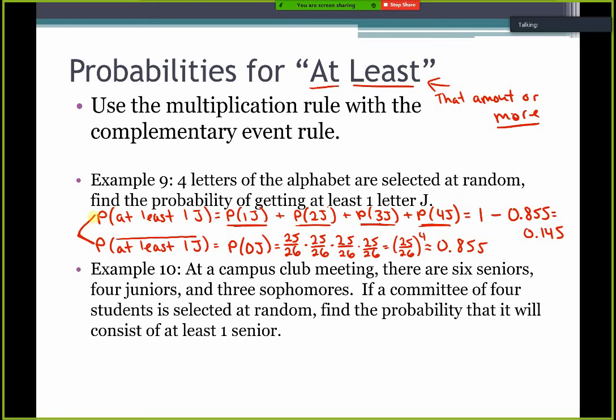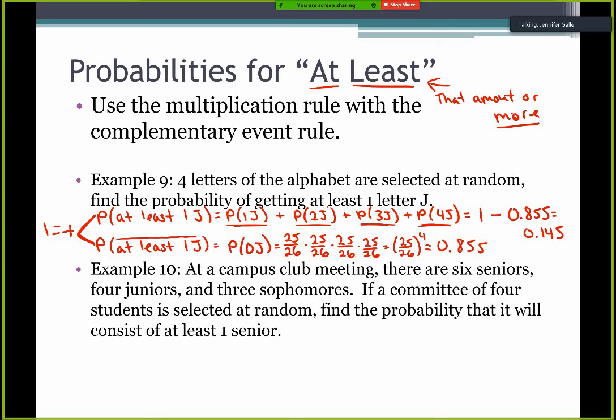Remember, these two things, the event and the complement, if I add them together, it equals 1. So this is a case where I could find the probability of 1 J, then 2, then 3, then 4, and add them all together. It's going to take a lot of work. Or I can find the complement, which would be 0 J's, and subtract from 1.